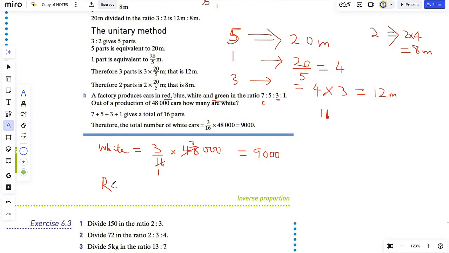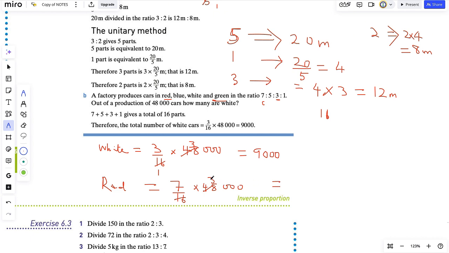There will be 21,000 red cars from this total, because this is equal to 7 over 16.